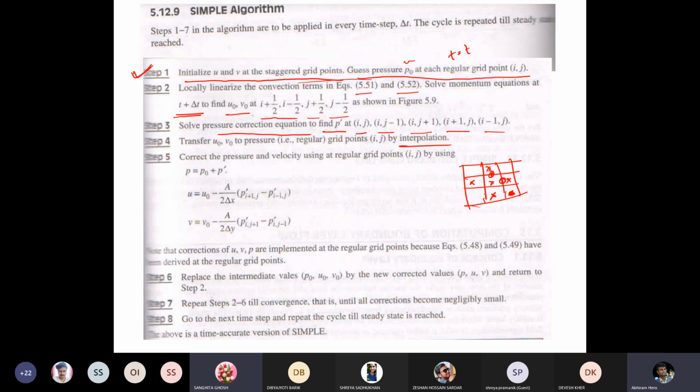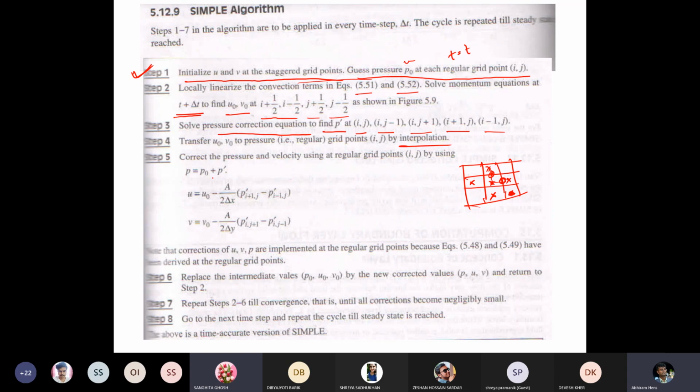That is our theoretical assumption, but actually at a particular point pressure is there, velocity is also there. Now we need to check whether the velocity we have calculated can satisfy the pressure or not. So that's why we will interpolate the velocity calculated at the face to the center point. So you bring them to the center.